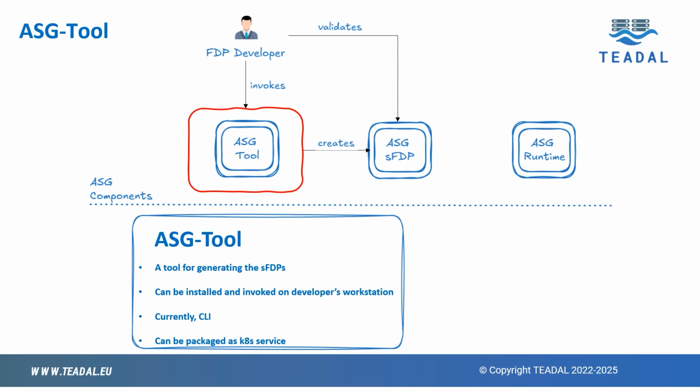In some organizations or industries, additional validation steps and approvals might be required. Eventually, after all these approvals and validations, the new sFDP image, along with its Kubernetes manifests and policy files, is promoted to be deployed on TEADAL.